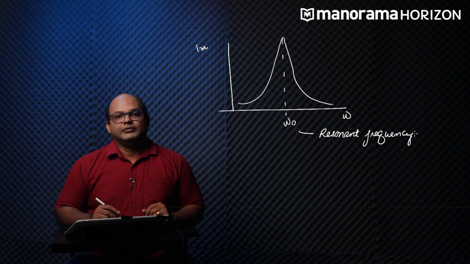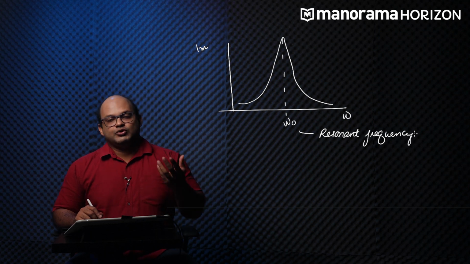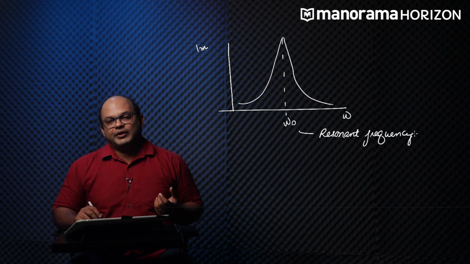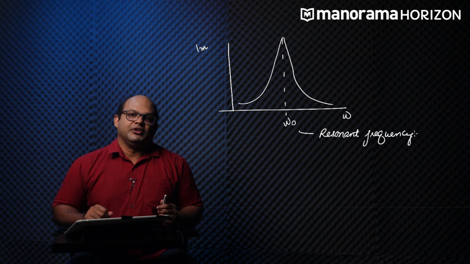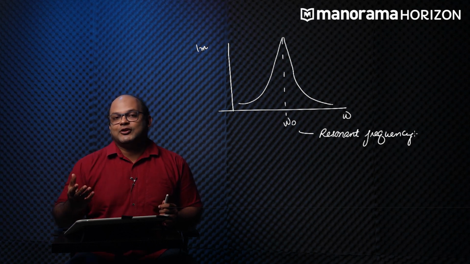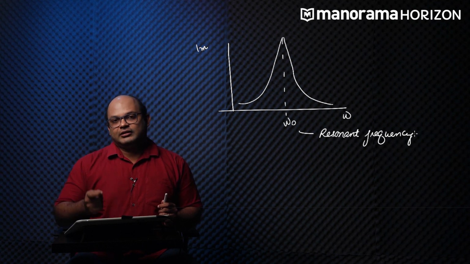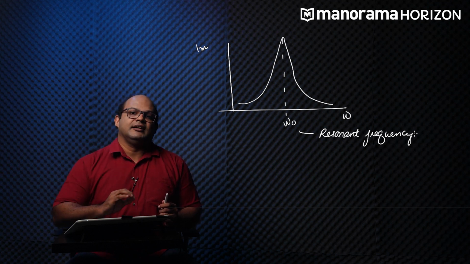And this phenomenon, resonance, is used in many places in electronics. Most of you are too young to remember the old days when we had a rotating knob for selecting the frequency on the radio or on the television set. What were we actually doing? By turning that knob, we were changing the inductance or capacitance inside an LCR circuit.